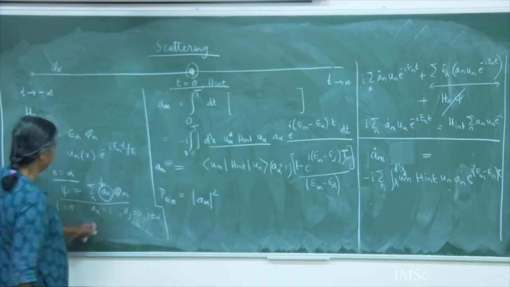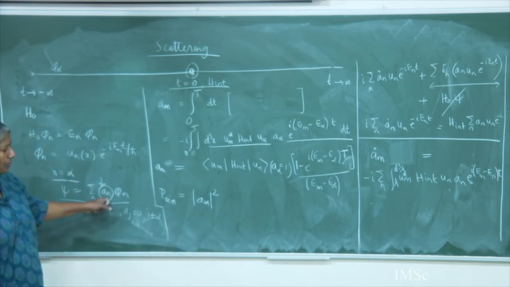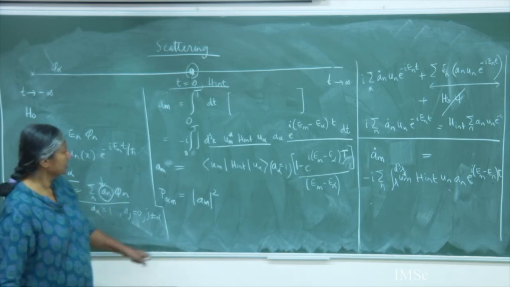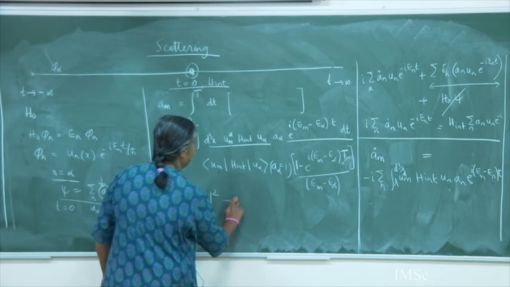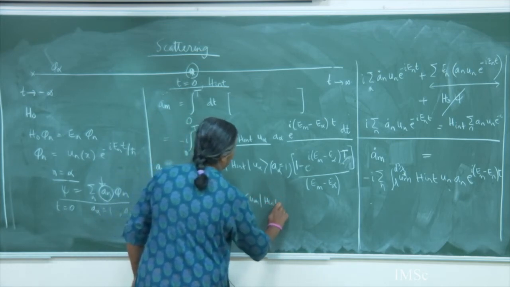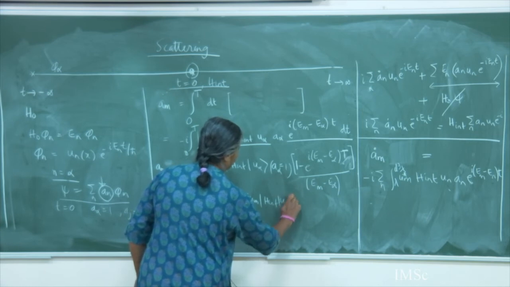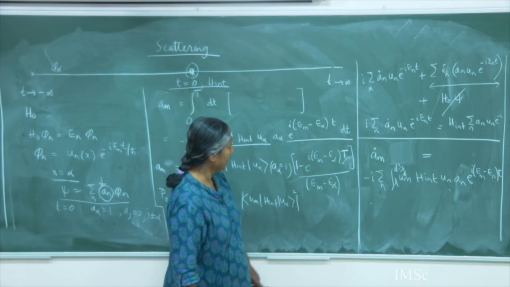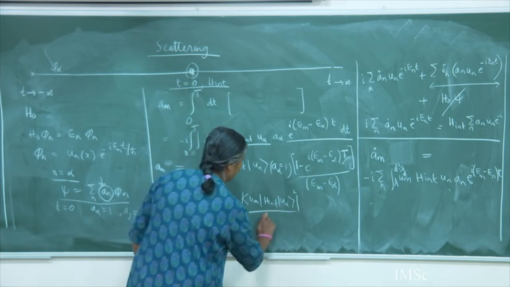The coefficients give you the probability that you will find the wave function in state phi M, right? So this is AM squared. So that will be UM H int U alpha squared, and then I have to square this, right? So let me just write the denominator squared.